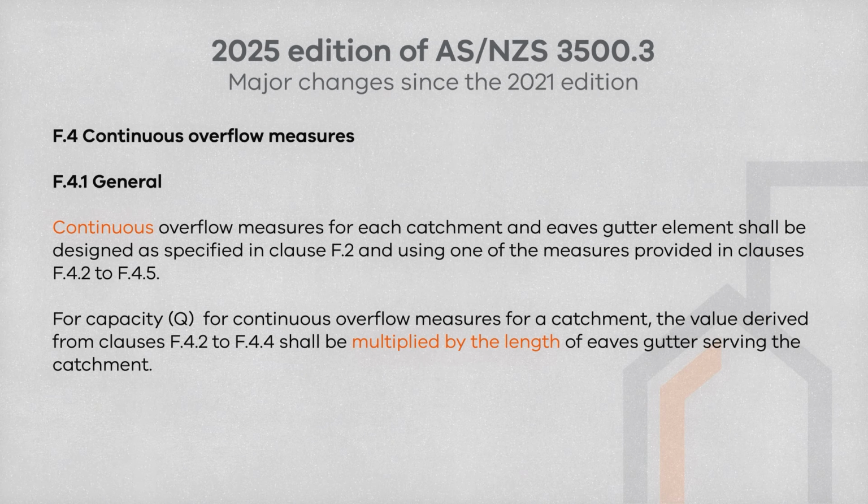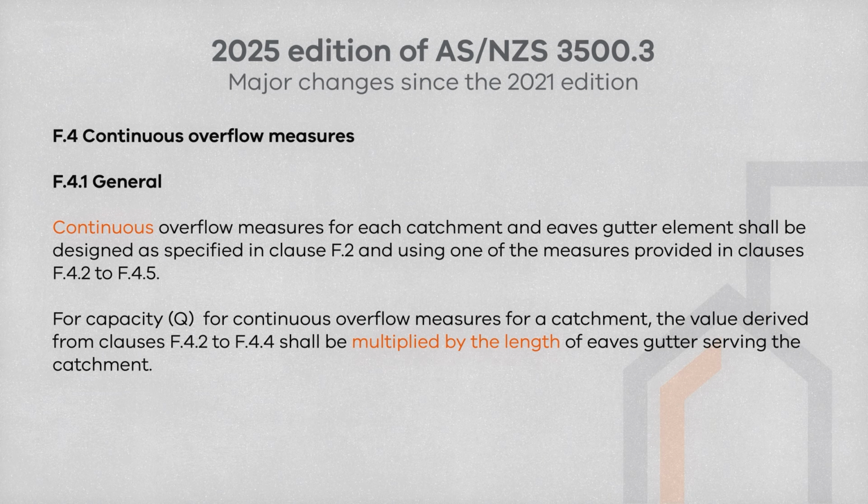Clause F.4.1 also tells us that the overflow capacity is given per meter length. So, to find the total capacity Q for the selected overflow measure, you will need to multiply the per meter flow rate by the total length of EVA's gutter serving the catchment.